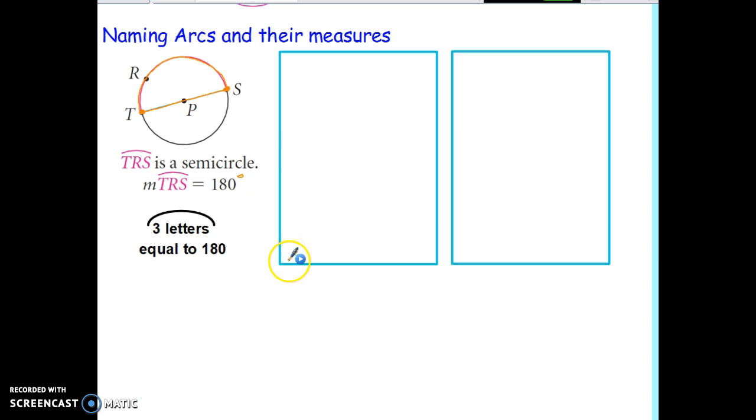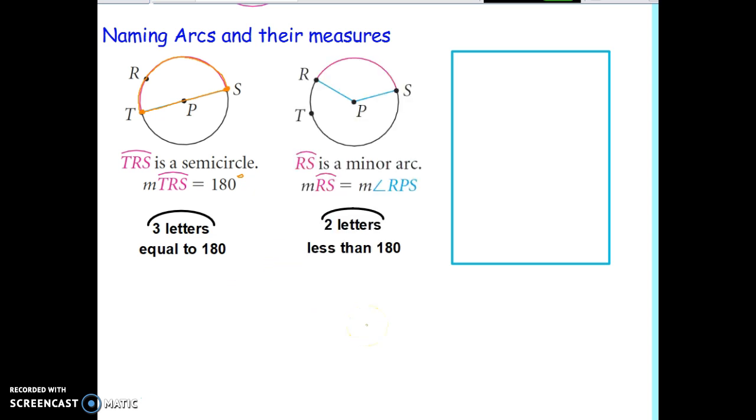The second kind of arc that we're going to talk about is a minor arc. A minor arc is less than 180 degrees. So if you were to draw the diameter through here again, you can see that this arc right here is less than a semicircle. So it's going to be less than 180 degrees. And RS just gives you the starting and the end points.